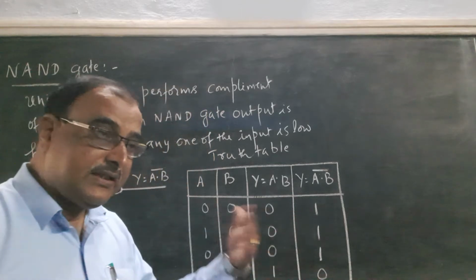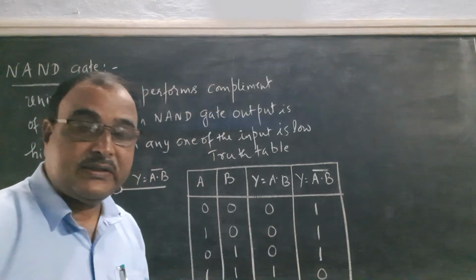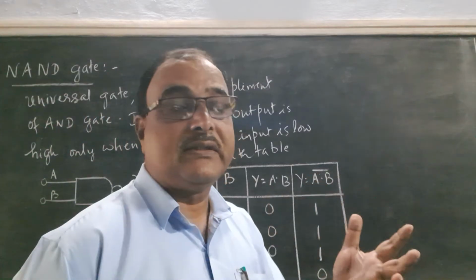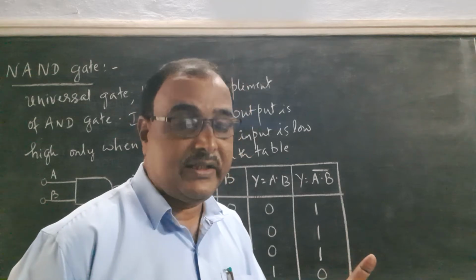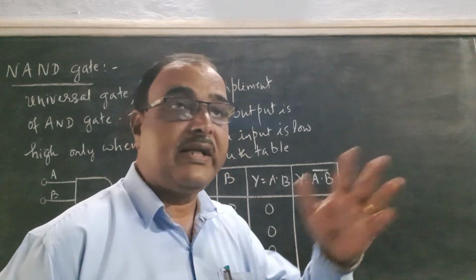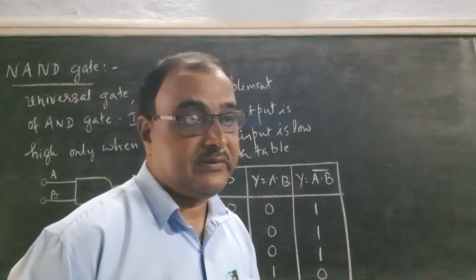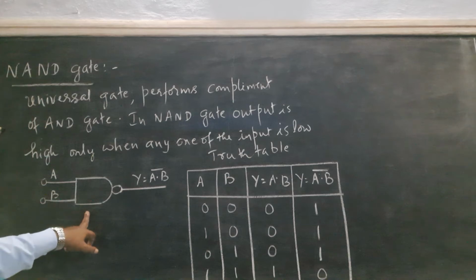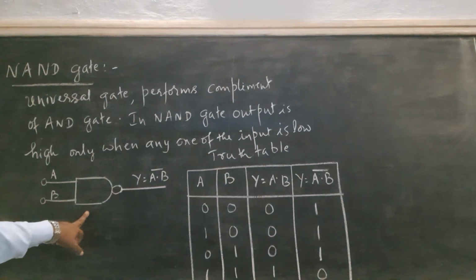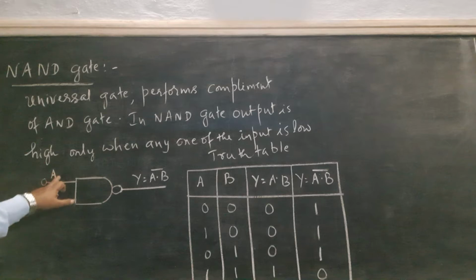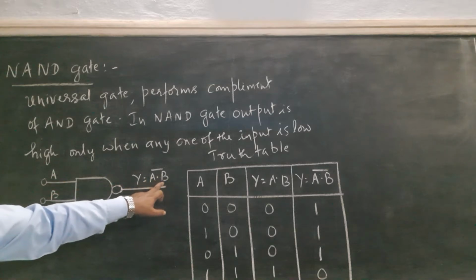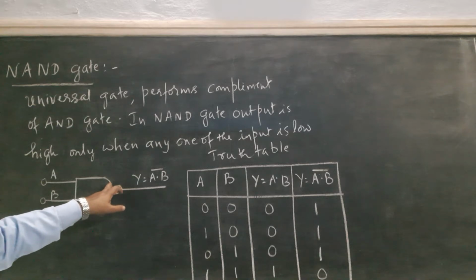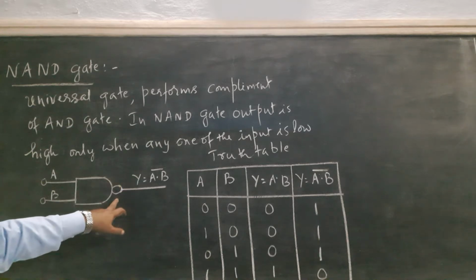So, the NAND gate is performing the exact opposite operation, because a NAND gate is the combination of AND and NOT gate. You know that in case of NOT gate, it performs the negation operation, so it is very much true. This is how the NAND gate is represented. If there are two inputs A and B, the output Y is equal to A dot B bar. There is a small circle at the output side, and that represents that this is a NAND gate.